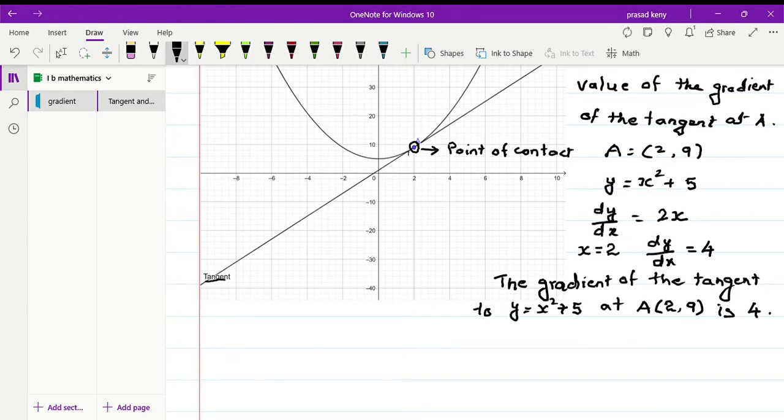So that is the first concept. The derivative, the value of the derivative at the point of contact is nothing but the gradient of the tangent.